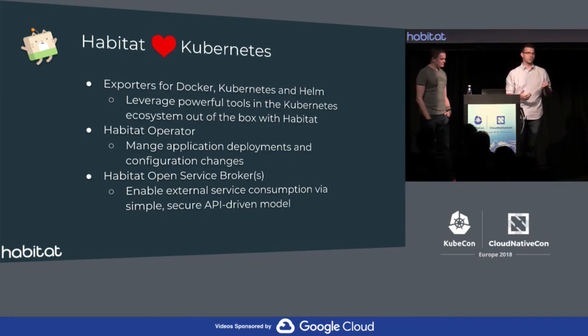We can also export to the Amazon Container Service. So we leverage the best parts of Kubernetes and the best parts of Habitat that wraps your application, and we make those things work together in such a way that it's easy to get your legacy apps and your new apps from code to production super easily.